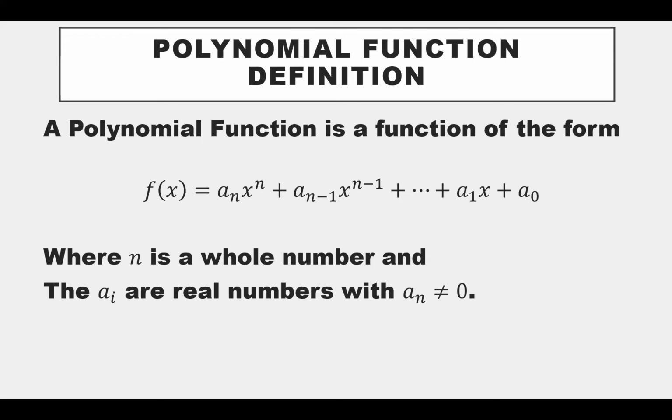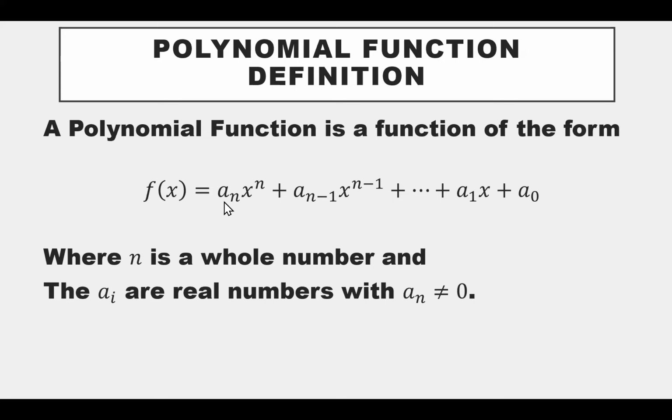The other type of function we're going to look at in this section is a polynomial function. It's a function that can be written like f of x is equal to a sub n x to the nth power plus a sub n minus 1 x to the n minus 1 power plus so on and so forth, a sub 1 x to the first, plus a sub 0.